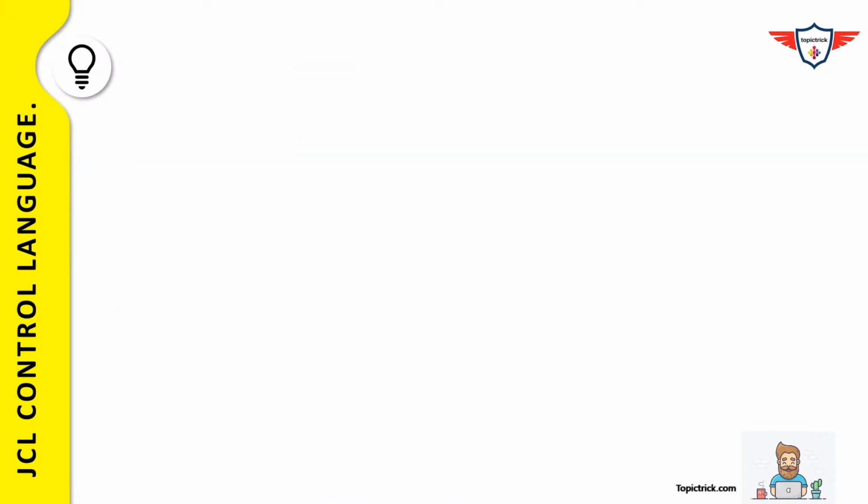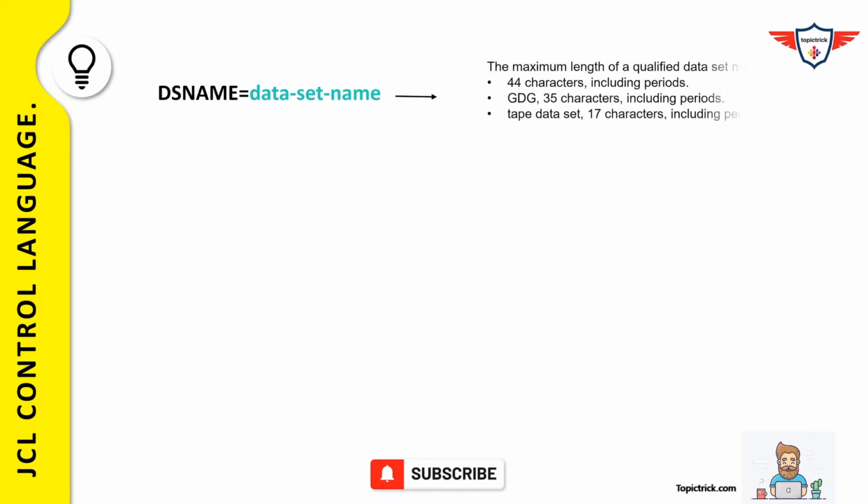Now, let's deep dive into the DD statement parameters and subparameters that we have discussed so far, so that you can have a complete picture and see the different permutations and combinations through which you can write a DD statement. The first one is DSN name, and as you know, DSN name is used to specify the actual dataset name.